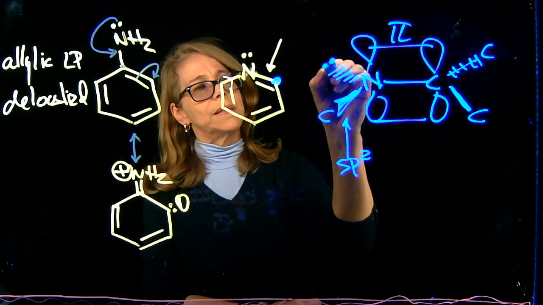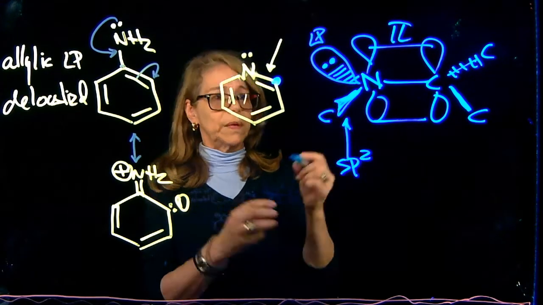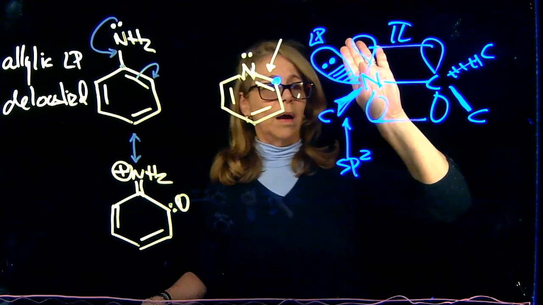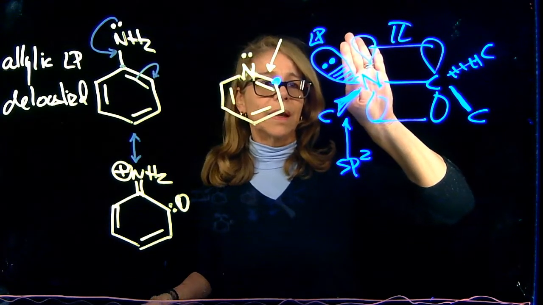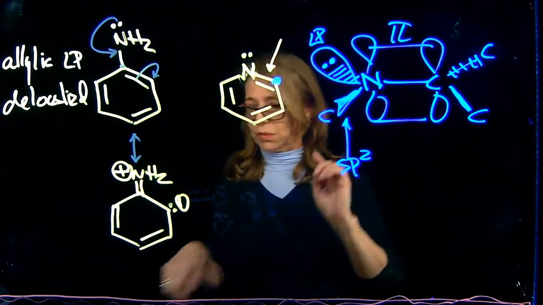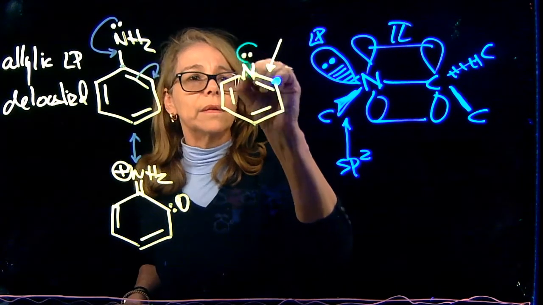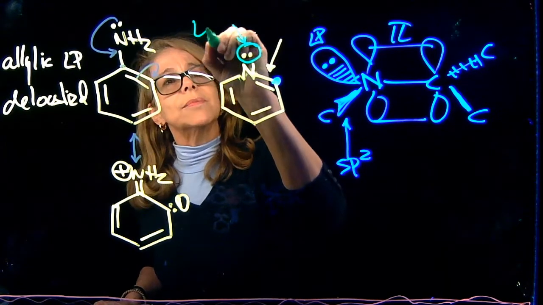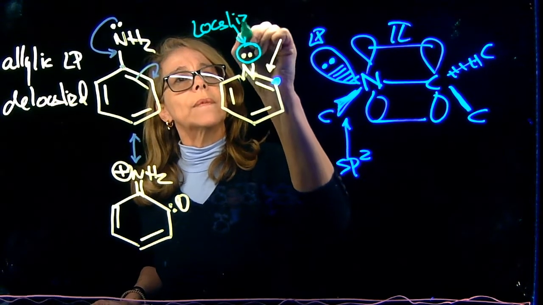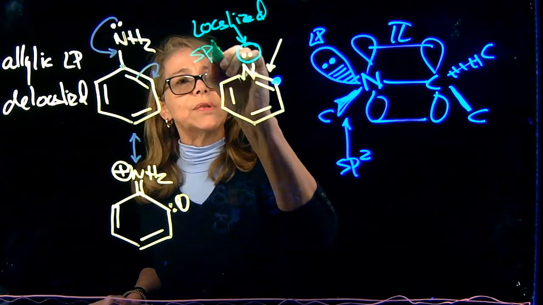Now, this is where my lone pair is. So if you see here, that pi bond is like this, and my lone pair, notice, is on a dash, just like that. It's perpendicular. So, summarizing that, we're going to say this is localized because the electrons are on an sp2 orbital.